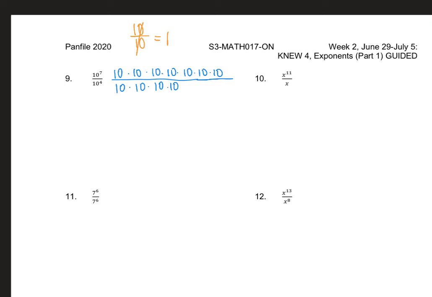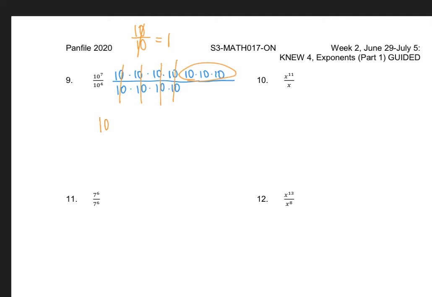So here, that divides to 1, that divides to 1, that divides to 1, and then that divides to 1. What I am left with is 3 tens on top, or 10 to the 3rd. And you're done. So realistically, what you did was you subtracted the exponents, right? 7 minus 4 gives you 3.